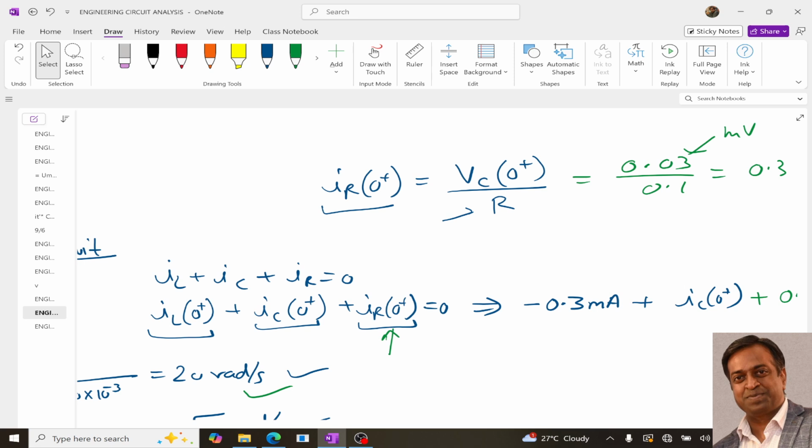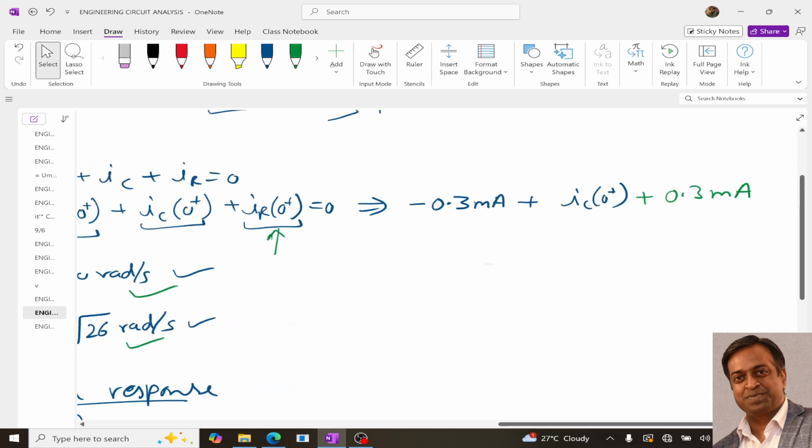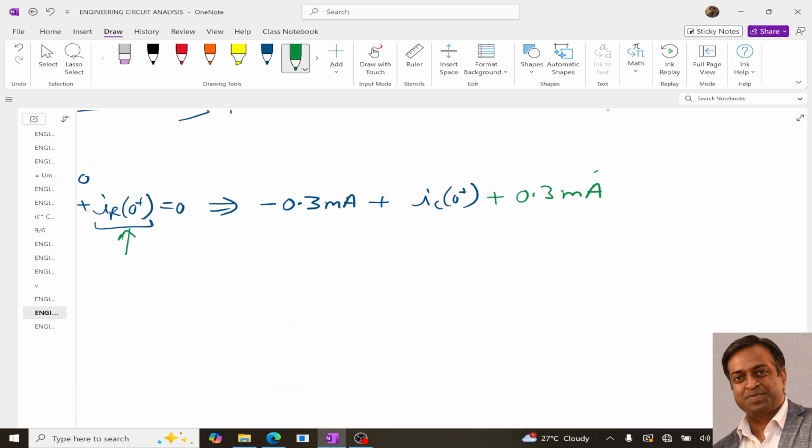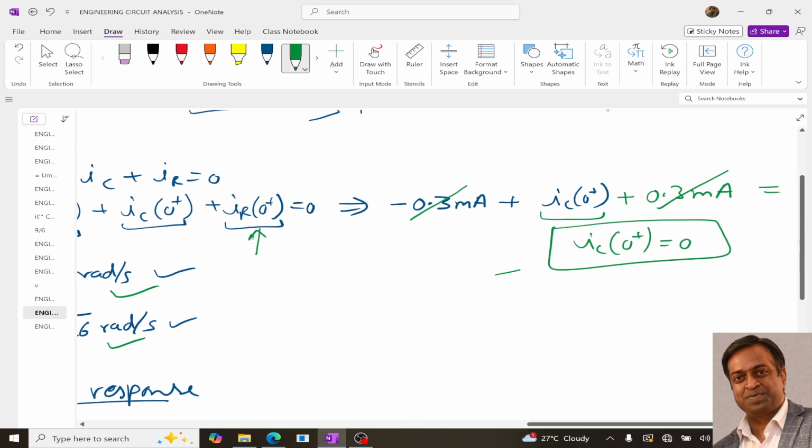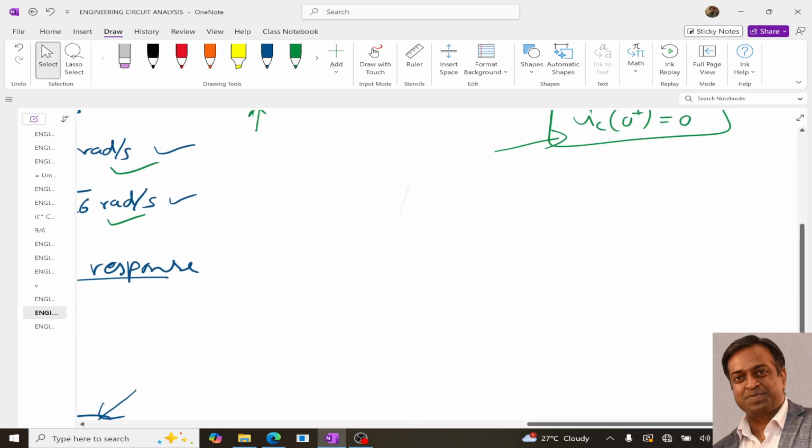We can see it is going to cancel. So our IC0, the current through the capacitor, it is 0, right? So now this is going to be our initial condition that we are going to use.